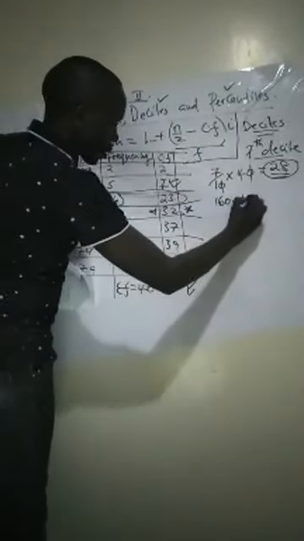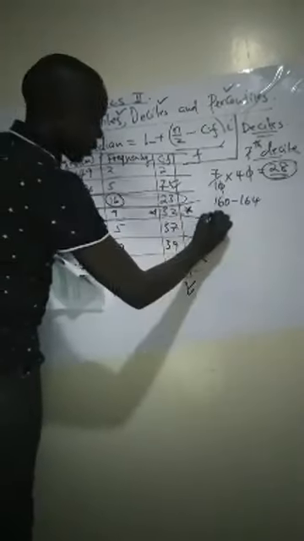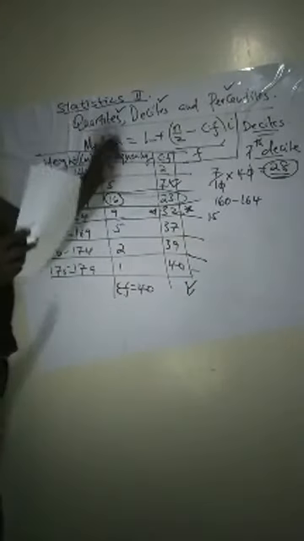But obviously you can only go as far as the ninth decile. For the seventh decile, 28 is located here. Our class of interest in that case is 160 to 164. And for the lower class limit, you will use the same formula. That is why I say the formula here is very, very important.